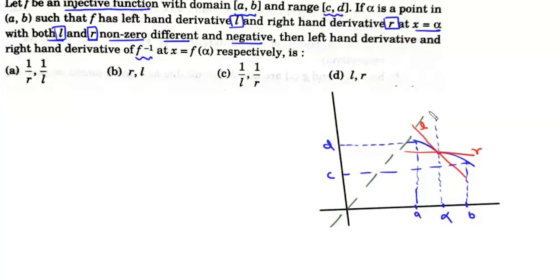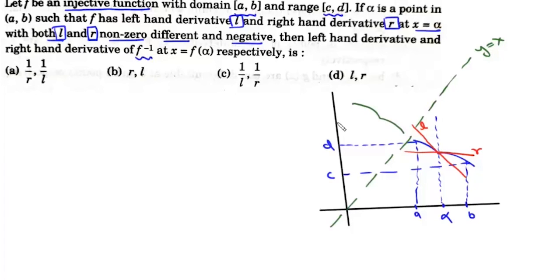So if we draw this y equals x line, and take the reflection of this function about it, then this part will be drawn like this, and this part will be drawn like that.